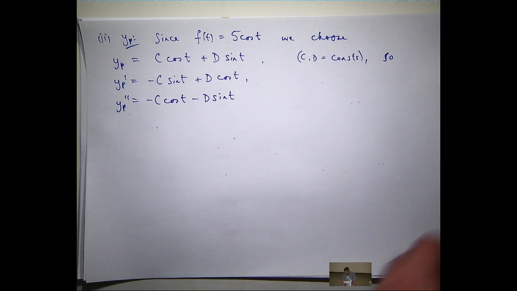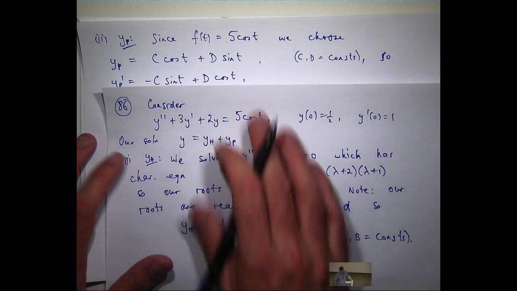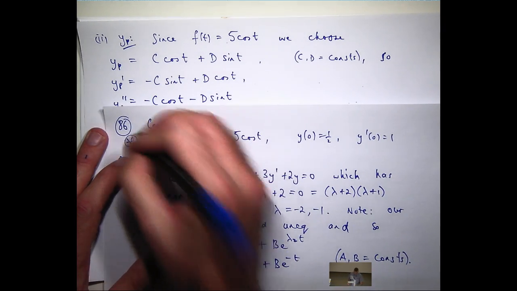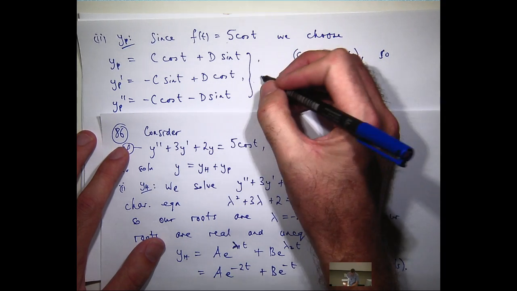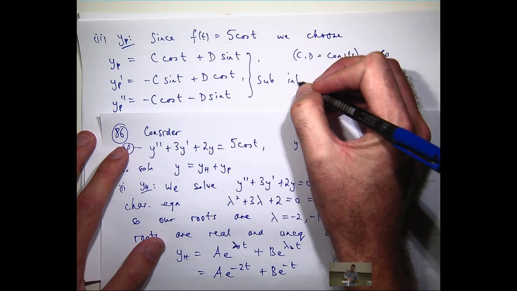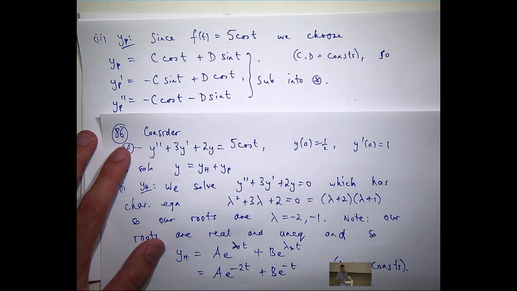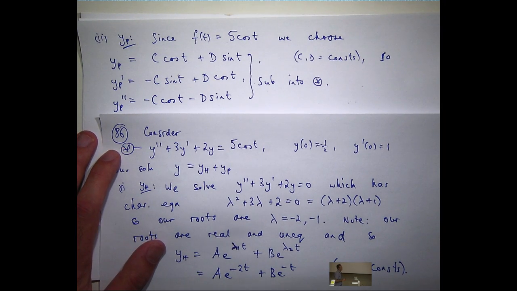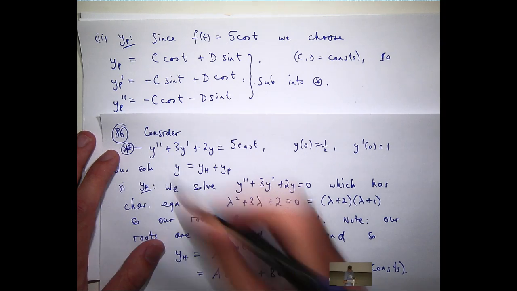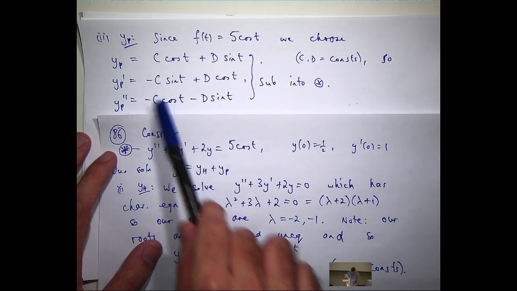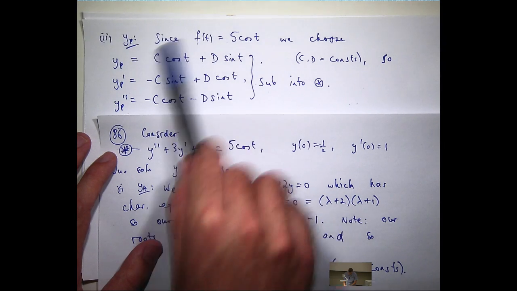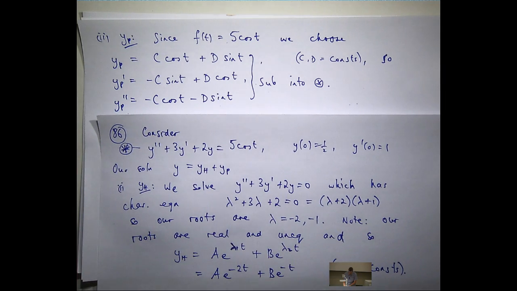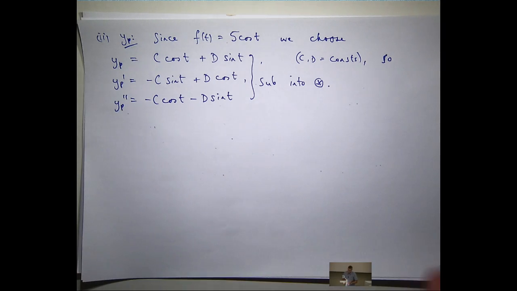So we're going to take this and sub into this start ODE. Okay, so that's going to replace y double prime, that's going to replace y prime, and that's going to replace y. And then we just try to get the equation to balance. Look at all the coefficients. Okay.